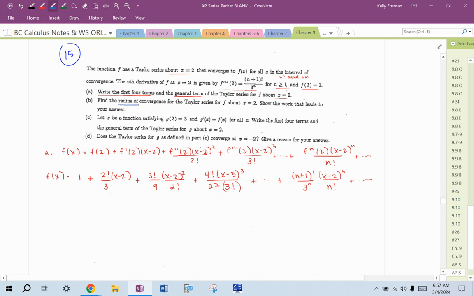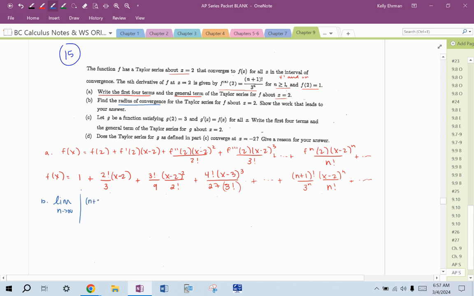Part B is find the radius of convergence. Show the work that leads to your answer. So for a radius of convergence, we should be doing the ratio test on the nth term. So the limit as n approaches infinity of, remember, the n plus 1th term over the nth term. Now I know that I could simplify these, but let's just say we didn't.